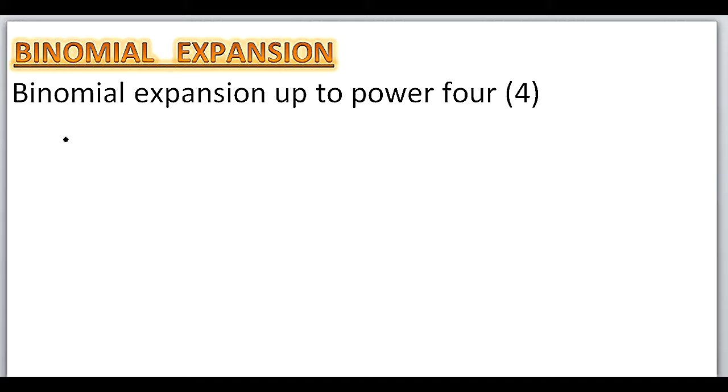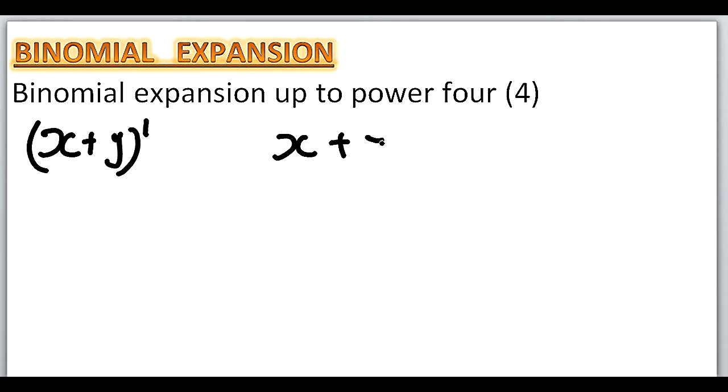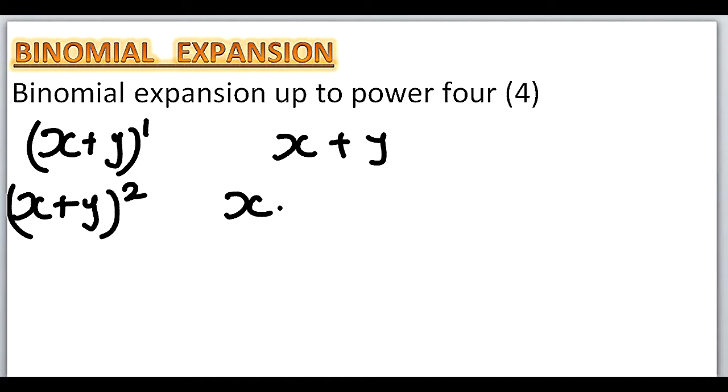Now we look at the expansions that we have had. We started with x plus y. In this case we assume it is to power 1, which we got the same x plus y. Then we came to the second one, x plus y into bracket squared. We got x squared plus 2xy plus y squared.